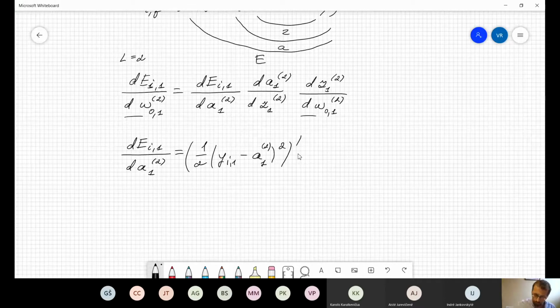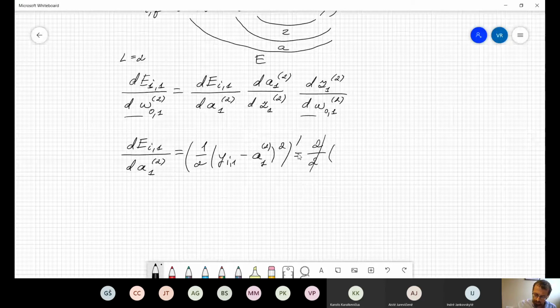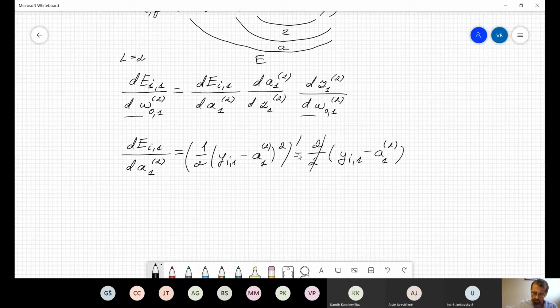By taking the derivative, the 2 goes here in front, so it becomes 2 and one half, and these two guys go away. The inner expression needs to be repeated: y1 minus a1 on the second layer.